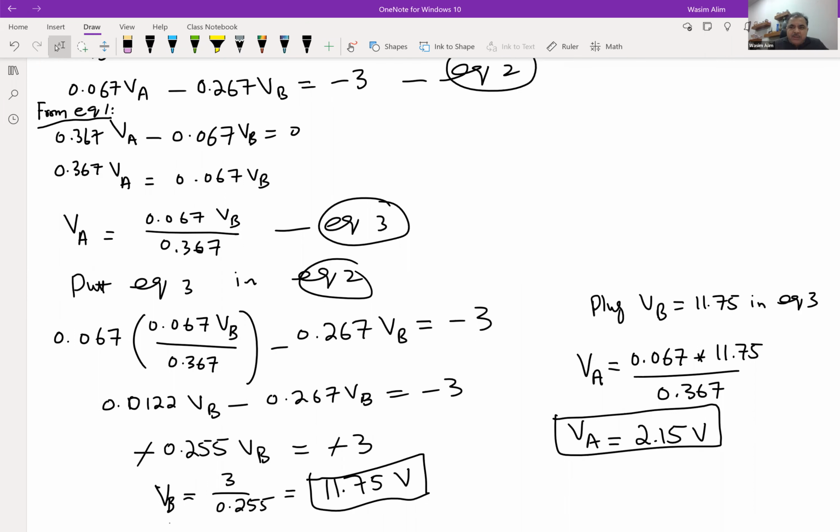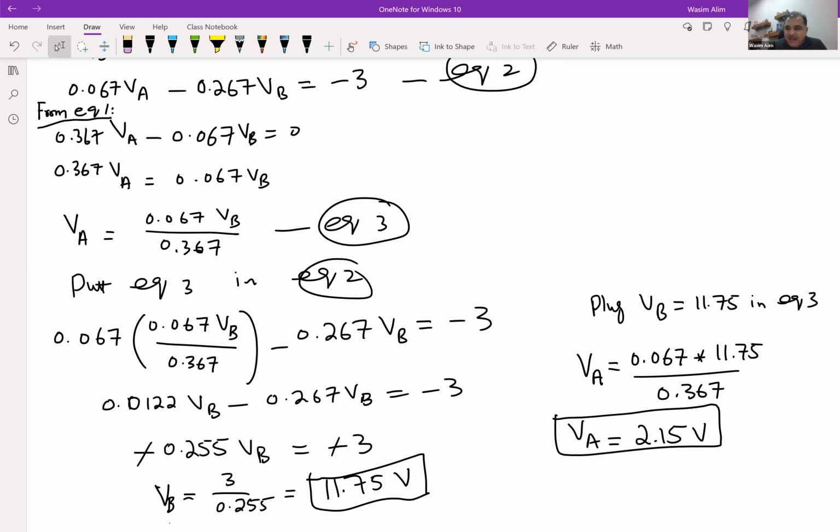I wouldn't put it in the same equation, because I've already used that one, and I'd just get the identity. So I plug it into the other equation, equation number 2 in this case, and the only unknown in that equation is going to be v sub b, and then I can solve for that. That's how I got my v sub b.